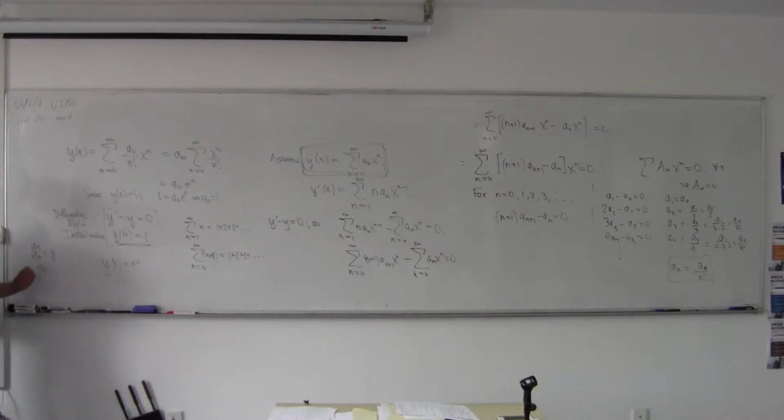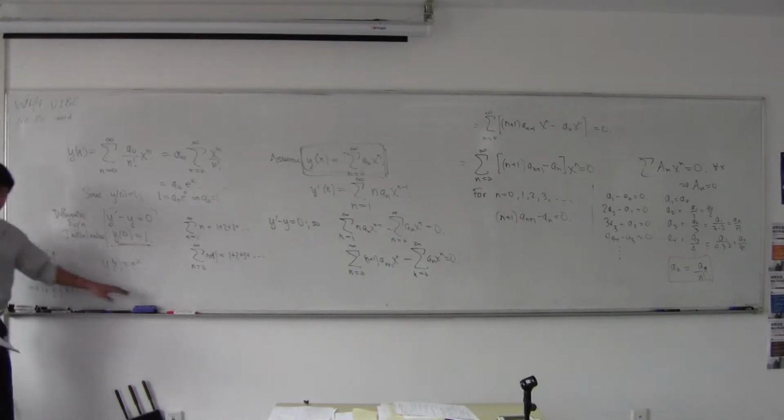We can do our separation of variables, and you see that natural log of y equals x plus a constant. So y is going to be e to the x times some constant, and then this makes the constant equal to 1. Okay, so you'd say, why didn't we use separation of variables?